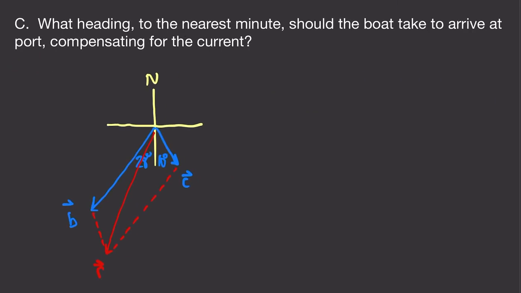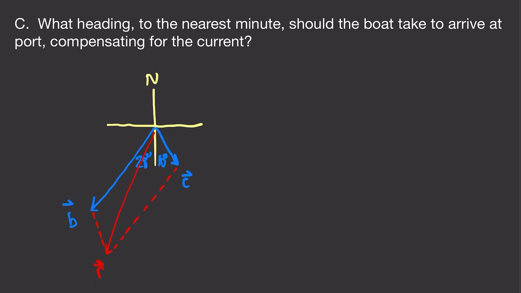Okay, last part. What heading to the nearest minute should the boat take to arrive at port, compensating for the current? So the boat needs to go on this path right here, but the problem is the current is pushing it that way, so it's actually going to travel on this path. Well, what I need to do is steer the boat more this direction here so that when the current pushes on it, it actually follows this.